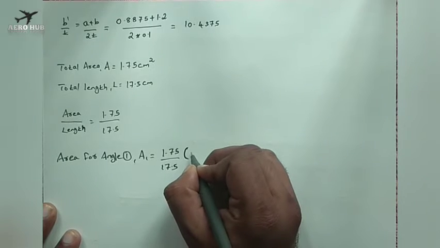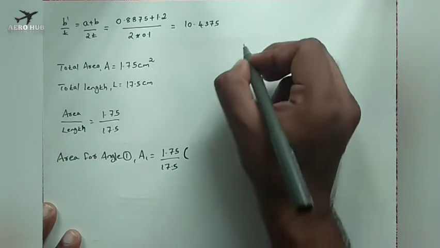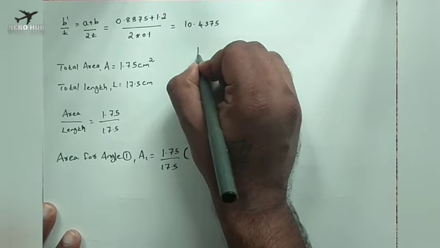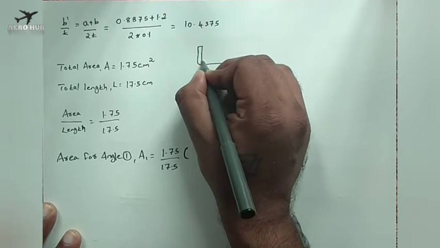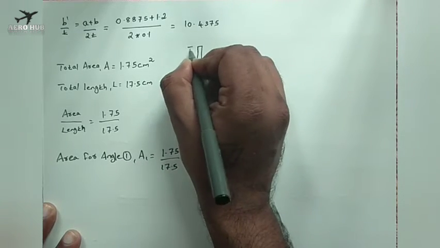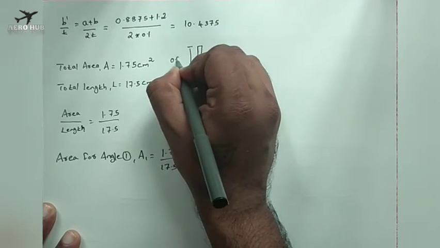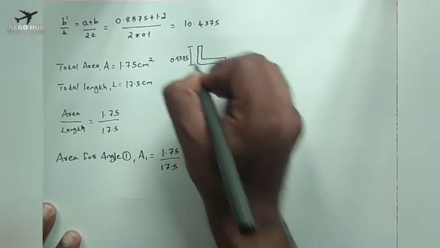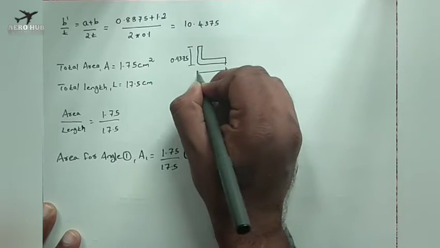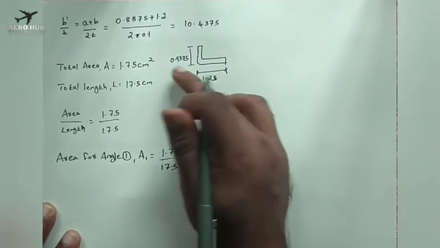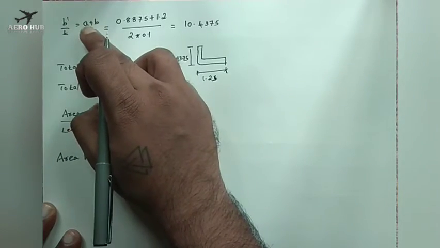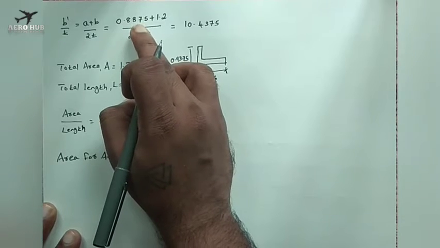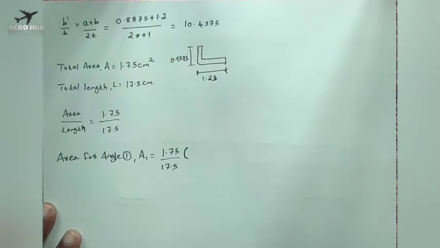I'll be using the length of the section. If you remember, this is our angle 1, and this distance was 0.9375 and this distance is 1.25. I have to use these two lengths. I should not use the values of A and B, that is 0.8875 and 1.2. That is used for center line property calculations.